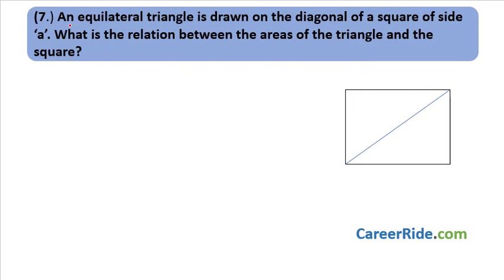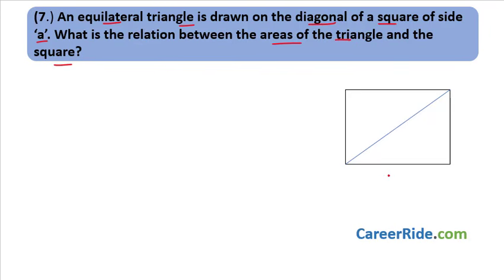Okay. Question number 7. An equilateral triangle is drawn on the diagonal of a square of side a. What is the relation between the areas of the triangle and the square? These types of questions are again very easy if you are able to apply your basics correctly.